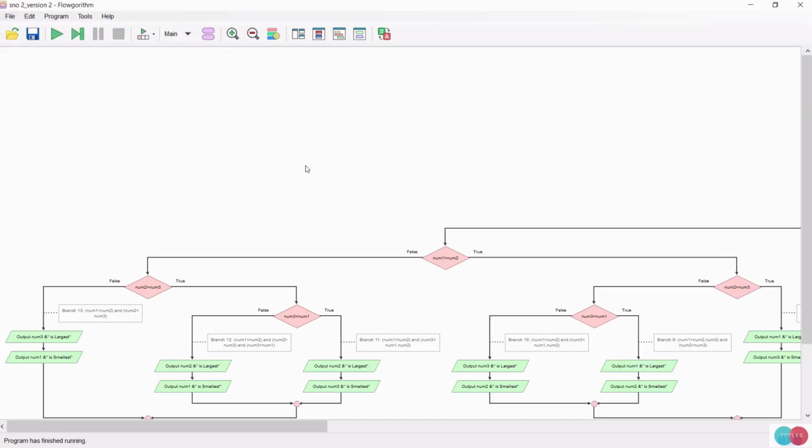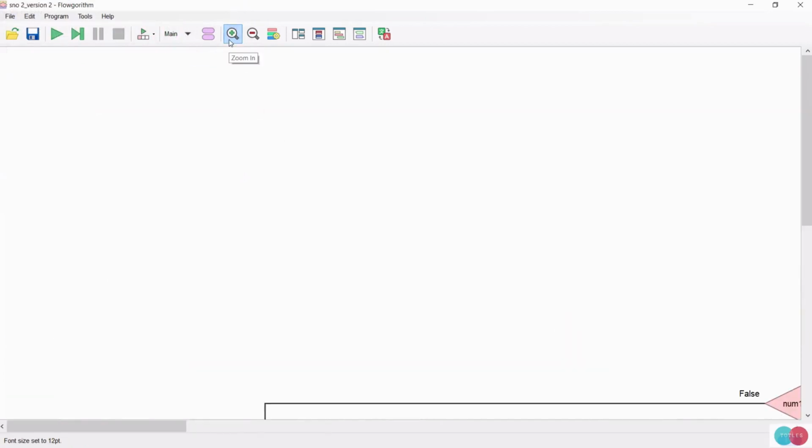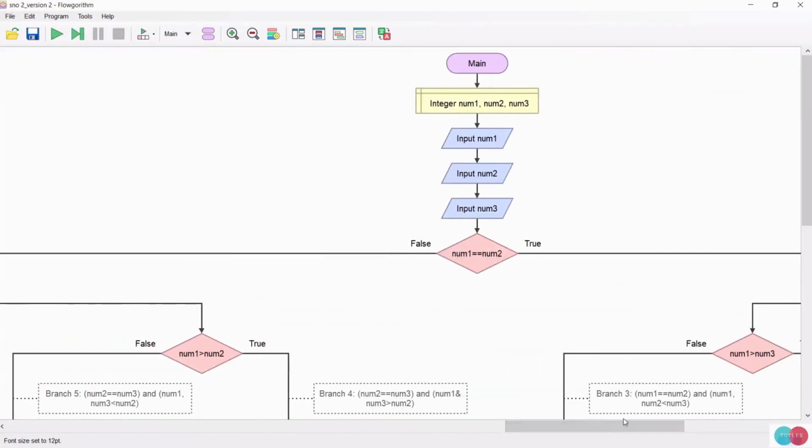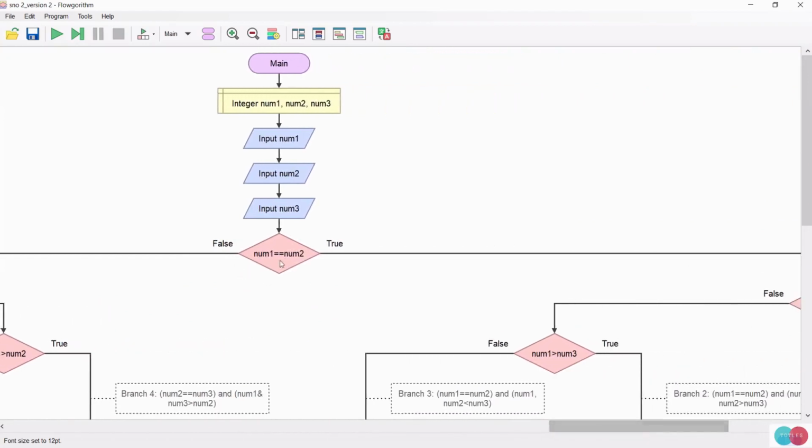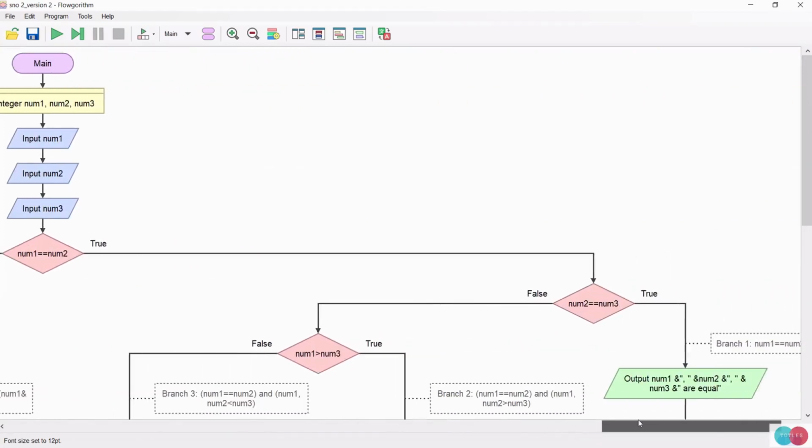So before we close this session, I would like to zoom out a bit and show you where exactly it starts. It starts with equality. First we are checking whether the first number and second number are equal or not. If they are equal, then we are also checking whether the second and third number are equal. If both return true, then we have branch 1, which is all numbers are equal.